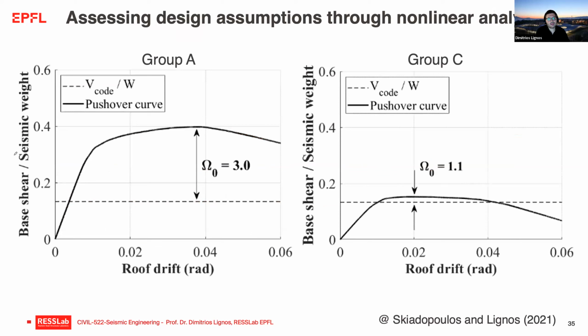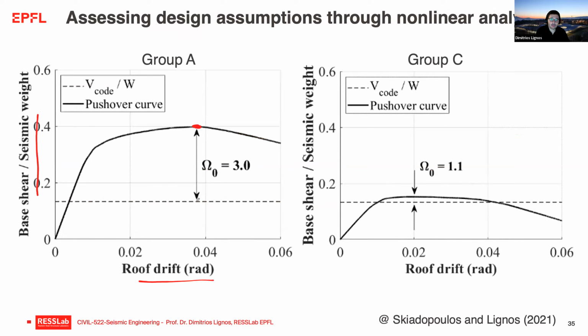And in the nonlinear analysis, essentially, we keep track of the normalized base shear versus what we call the roof drift of our building. The nonlinear analysis shows us the maximum anticipated resistance that our frames are going to exhibit.